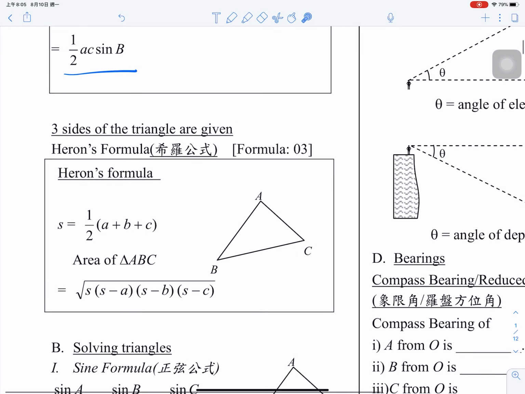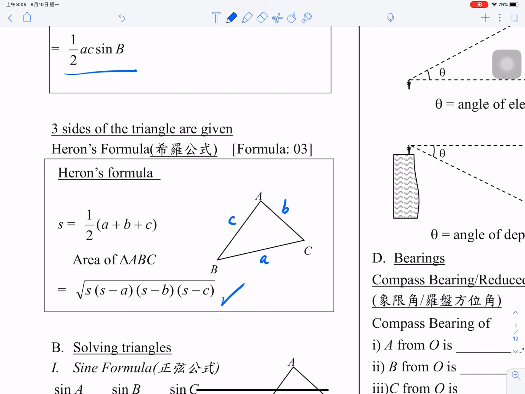One more formula. Do you remember Heron's formula? If you use a calculator in formula 3, right? Then it's very easy. You substitute a, b, and c, that means the sides of the triangle. Okay? Then you can find it by this formula.